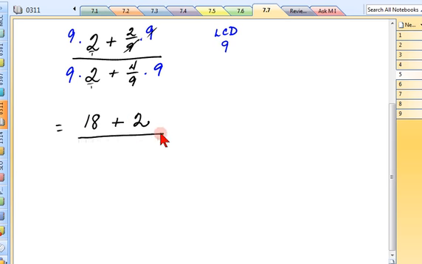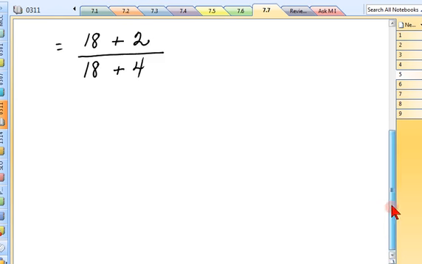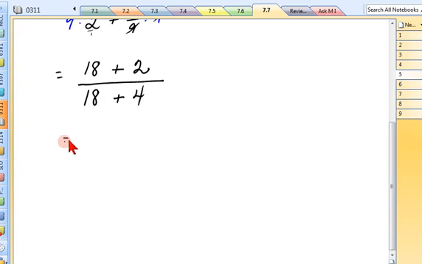There's no variables in this problem. Over, again, 9 times 2 is still 18, plus, the 9s divide out, and I get 4. That gives me a numerator of 20 and a denominator of 22.